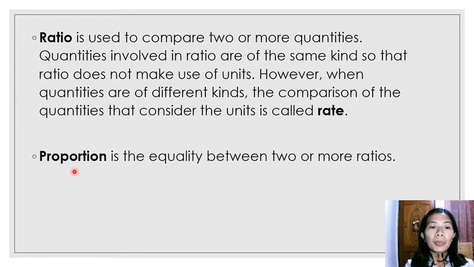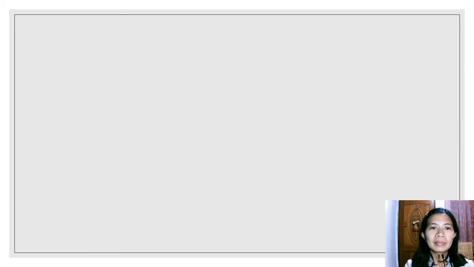When we say proportion, it is the equality between two or more ratios. So if two or more ratios are equal, they are a proportion. Here is the fundamental principle of proportion.